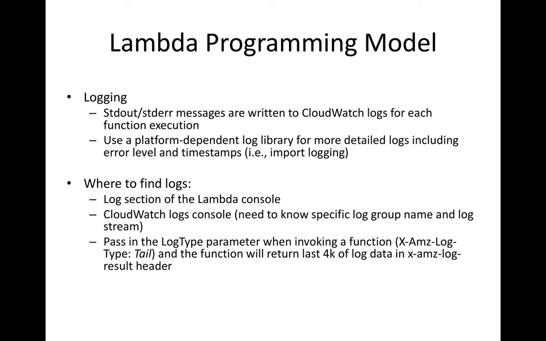Sometimes people who are new to Lambda functions have trouble finding the logs for their Lambda function. You can find those in two different ways. You can either go to the Lambda function web console in AWS and select your Lambda function, and you'll see there's a log tab that you can click on to view the logs associated with that particular Lambda function.